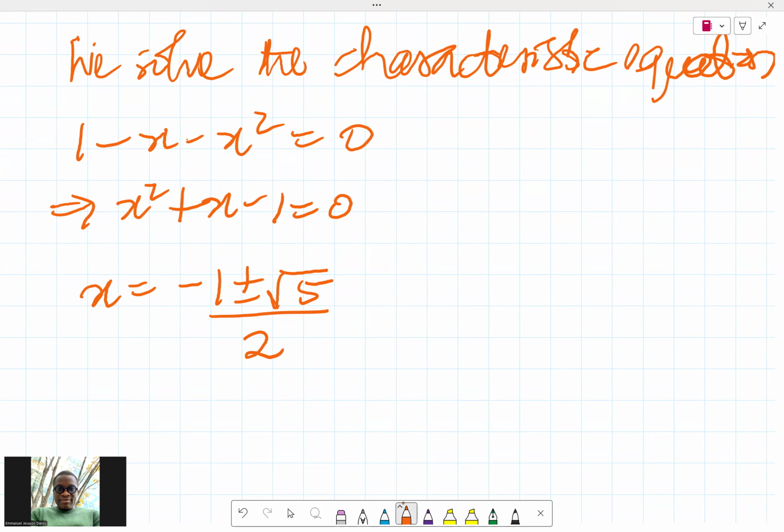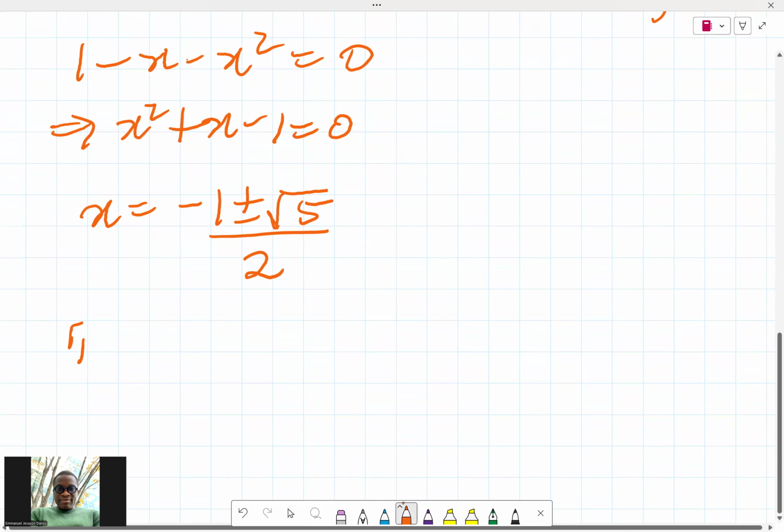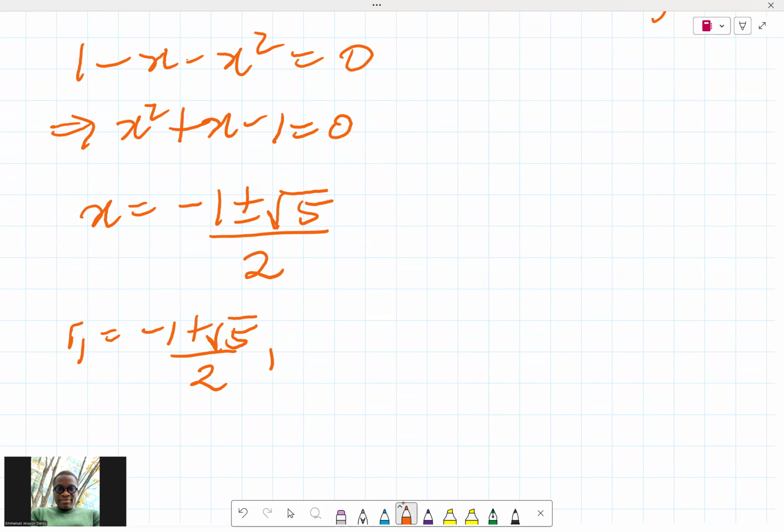Now, I've talked about the Fibonacci sequence a lot under sequences and series. If you look at it, you have two roots here: R1 is minus 1 plus root 5 all over 2, and R2 is minus 1 minus root 5 all over 2.